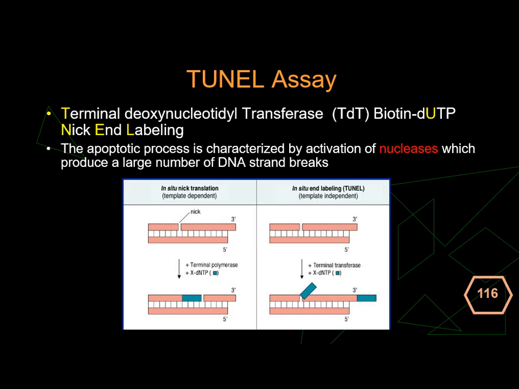And it's going to label at the nick end. Nick means only one cut. One cut, okay? So it exposes the OH group, and you can have the transferase adding the new nucleotide. The new nucleotide should be biotinylated dUTP that has fluorescent on the back. So you will know that DNA is broken. Why do you want to do that?